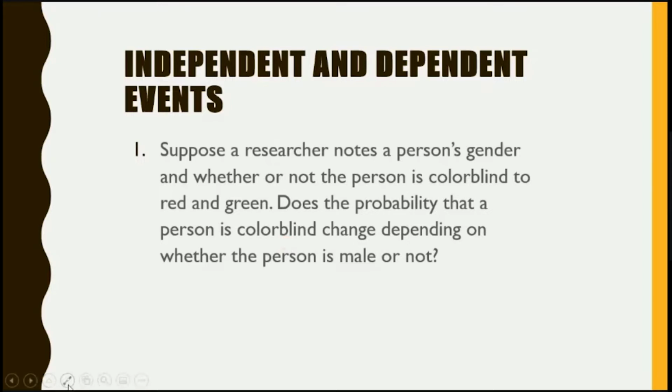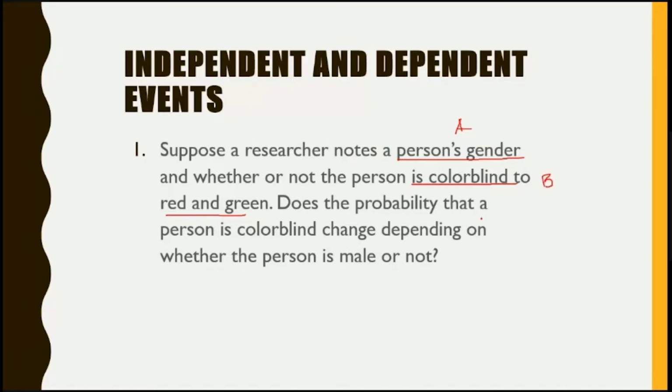Let's start with the first one. Suppose a researcher notes a person's gender and whether or not the person is colorblind to red and green. Thus, the probability that the person is colorblind changes depending on whether the person is male or not. Now, we have two events: the person's gender, and whether he is colorblind to red or green.